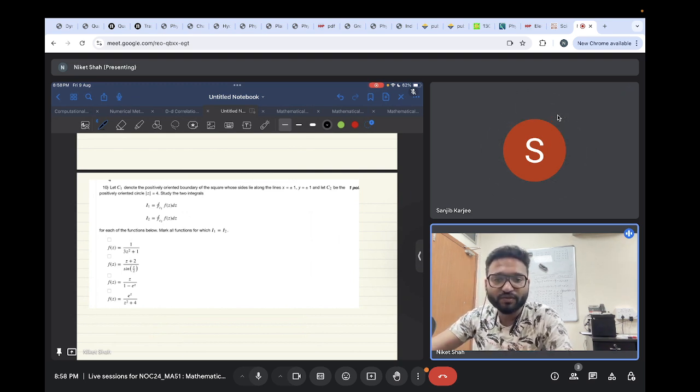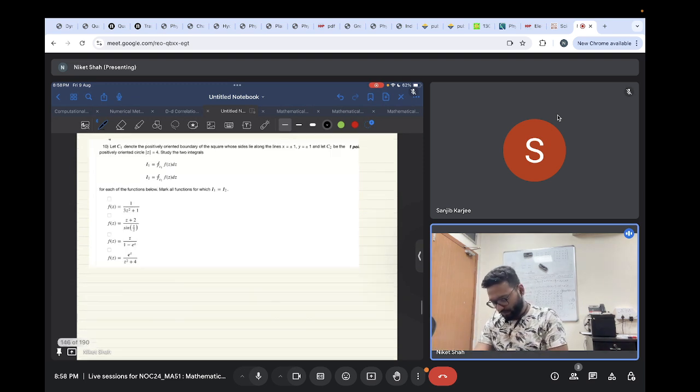So the pole is at 0. So what can you do? Okay, let's try this one out. f of z is equal to z plus 2 divided by sine of z by 2.